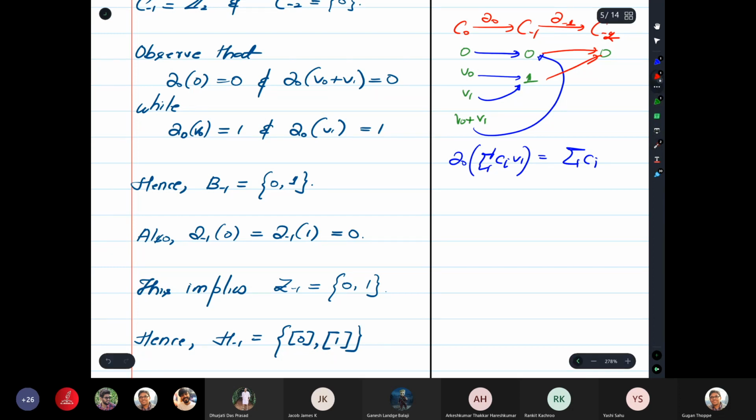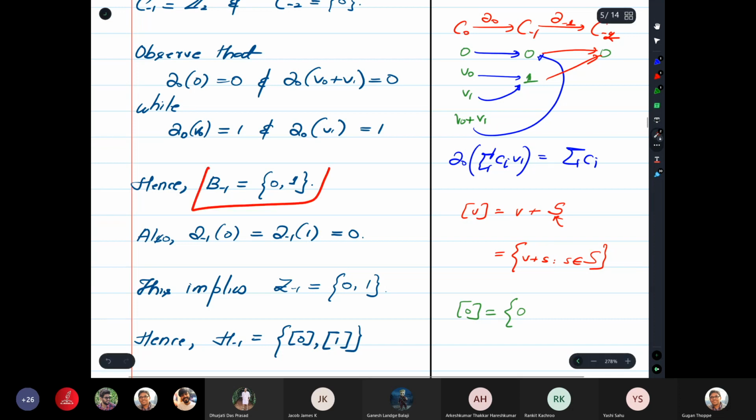From the previous claim, we said that the equivalence class of V is V plus S, where S is the subspace with which we are taking this quotient operation. So this is little v plus little s such that little s belongs to this subspace, right? So recall what B minus 1 is. This is the space with respect to which we are taking the quotient operation.